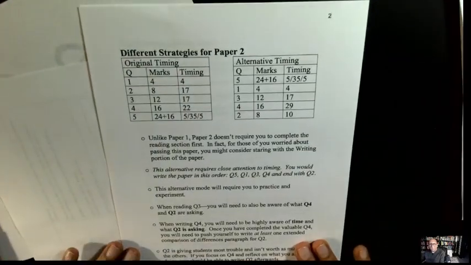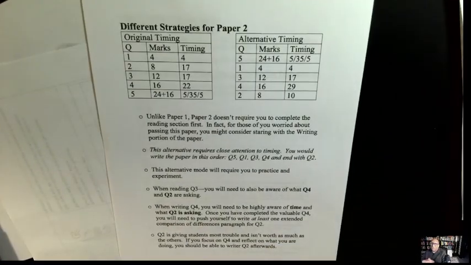So let me posit to you an alternative way of doing the paper. If we did it the original way, again, I'm presuming you don't read for the 15 minutes given to you, but that you read more strategically throughout the exam, you could go 4 minutes for question 1, 17 minutes for question 2, 17 minutes for question 3, 22 minutes for question 4, and then the normal 5, 35, 5 for question 5.